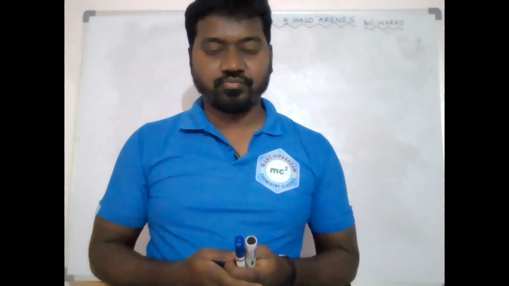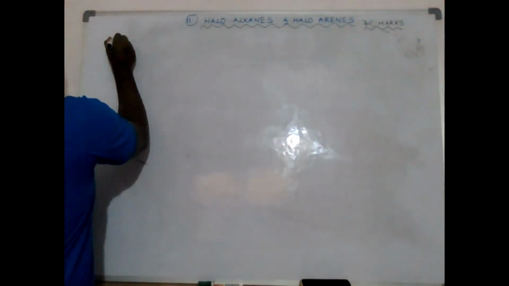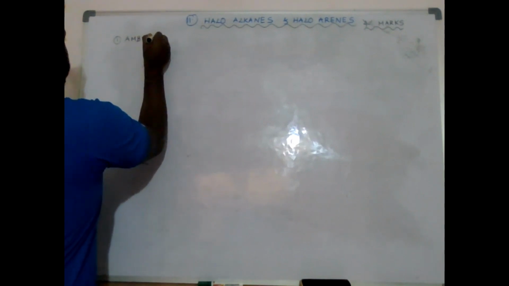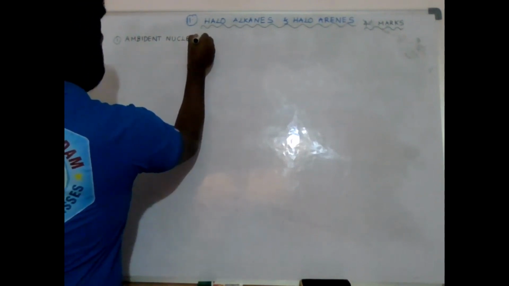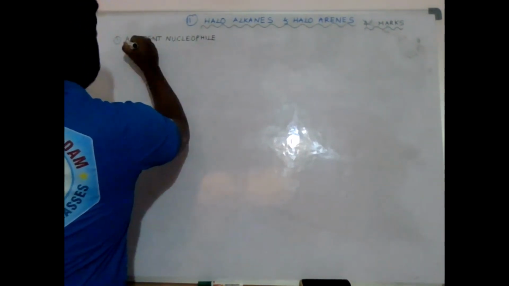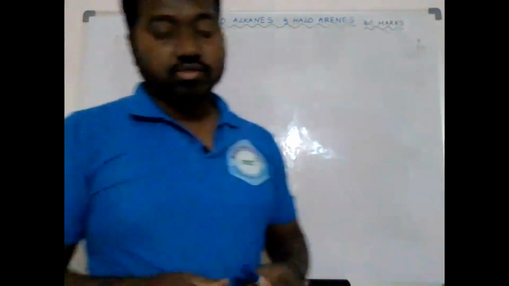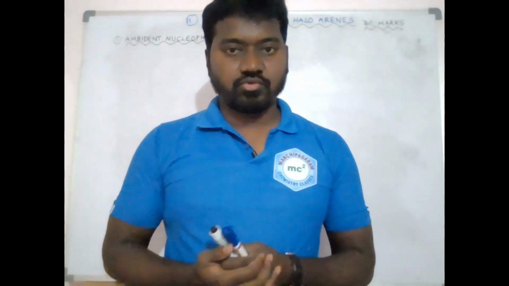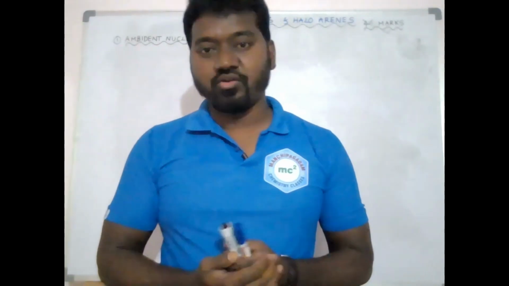Very short answers. In that first one, ambident nucleophile. I think everybody has heard this. What is a nucleophile? Nucleophile means the chemical species which contains more electrons, which is ready to donate. So that is an electron rich species. Electron rich chemical species is called nucleophile.